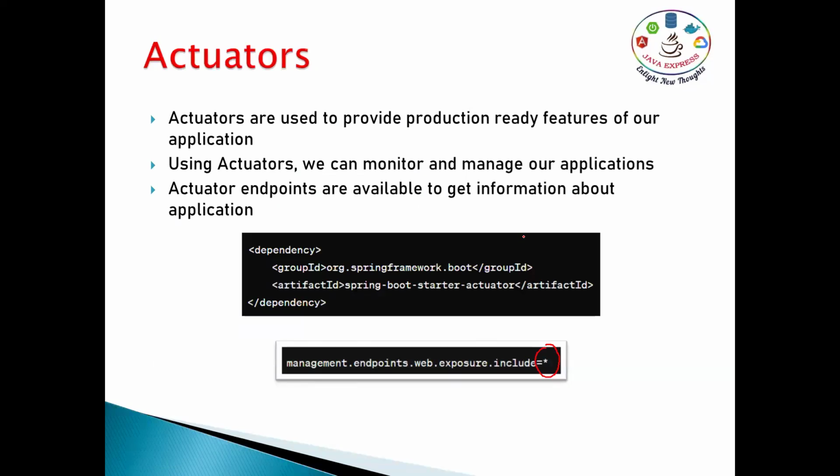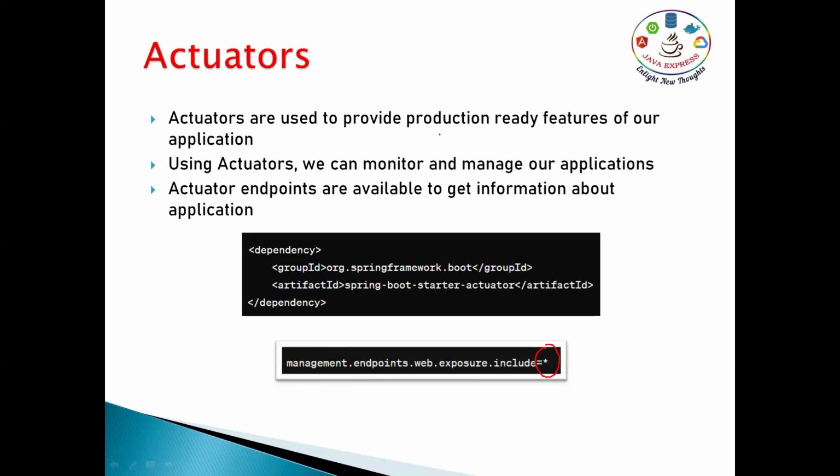Clear? Real-time use case about actuators? Yes. That Prometheus and Grafana, it's open source, sir. Yes, open source. By using Docker, we will implement it as part of microservices development. So this is the production-ready feature.